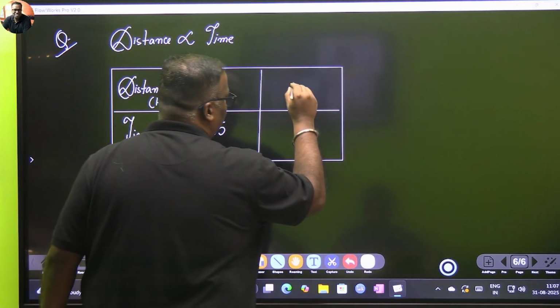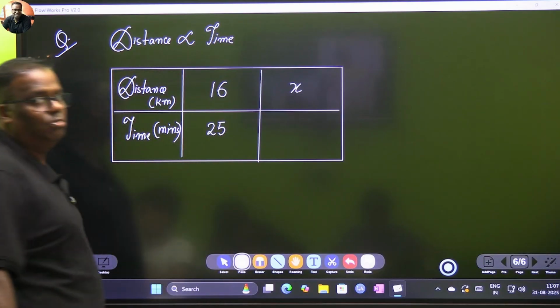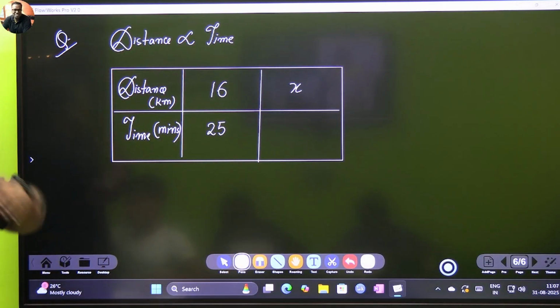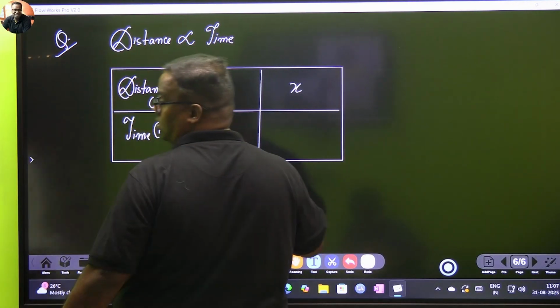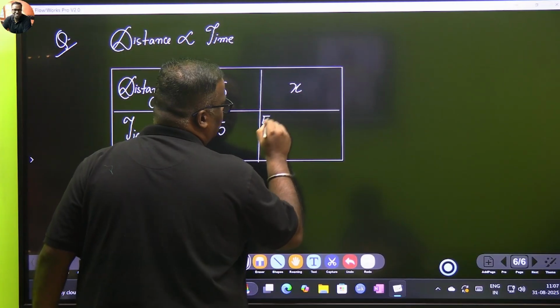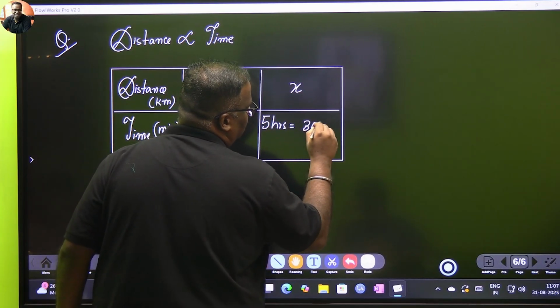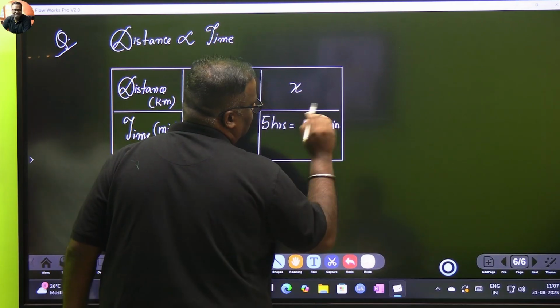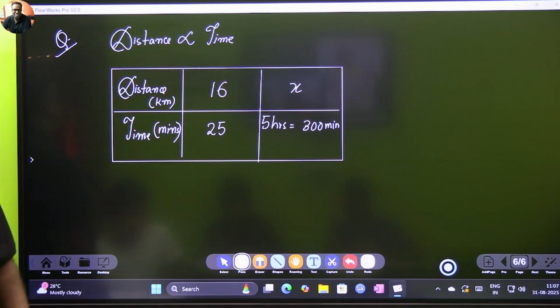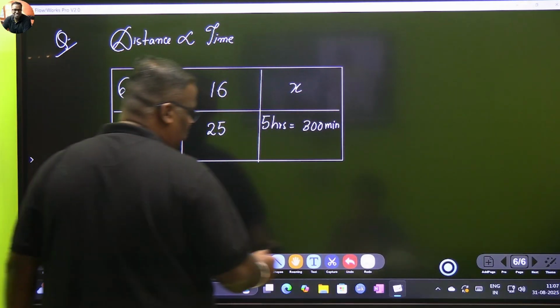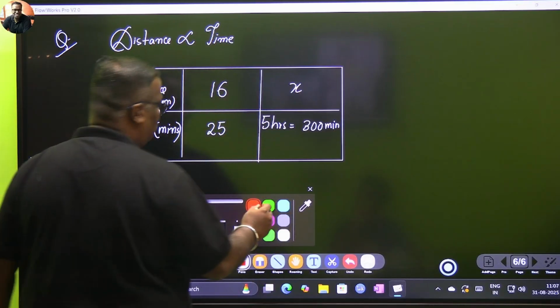I don't know what the distance is. Time is how much? 5 hours. So we will write 5 hours, which is equal to 300 minutes, 5 into 60. I'm writing it with a different pen.